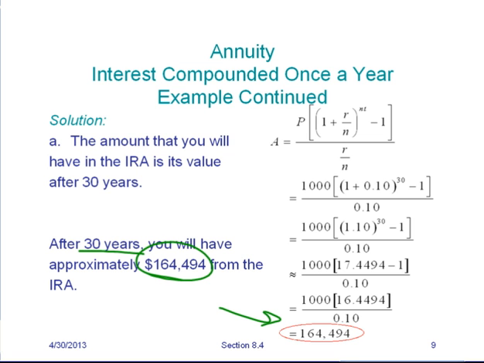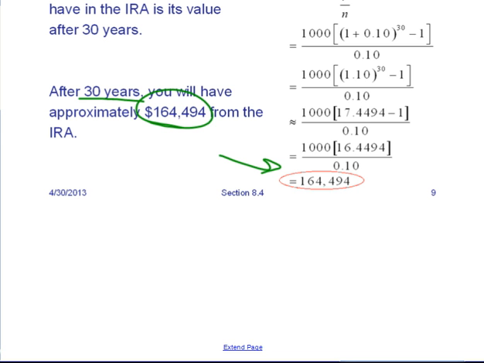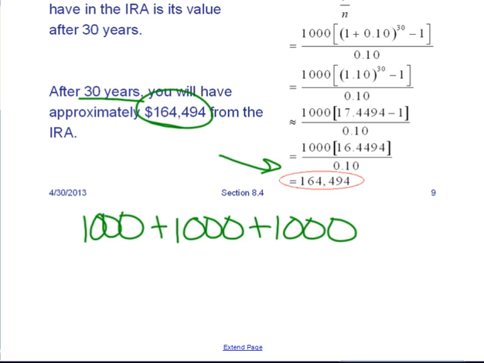Okay. Now the question is, how much did you yourself actually deposit? Because anything that's extra would be interest. So be careful when you're calculating how much you deposit. For some reason, students get that wrong every time. You deposited $1,000 at the end of the first year, the second year, the third year.